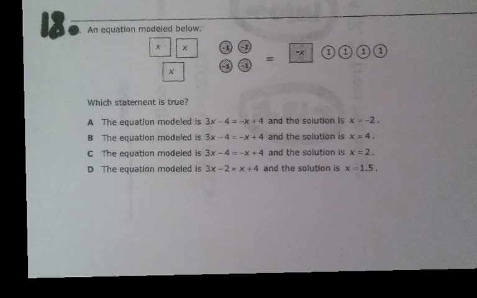Number 18 says an equation modeled below. Which statement is true? There's 3 x's, so obviously your equation is going to be 3x. Then there's 4 negatives, which is the same thing as minus 4. Then you have the equal sign.